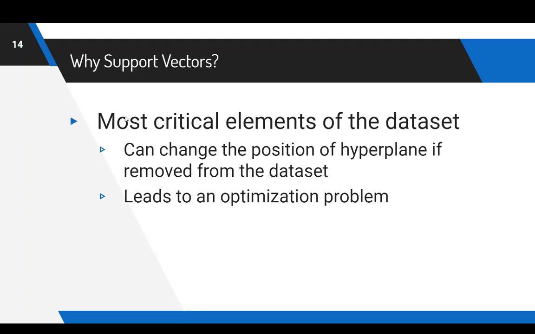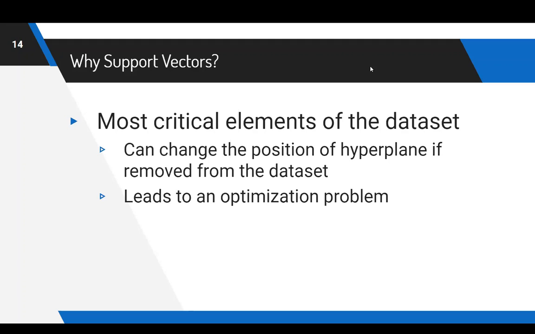If we remember the graph we were just looking at, our optimized hyperplane is really determined more by the points that are closer to the middle or harder to pick between the two groups. And so if those data points aren't there, it's going to drastically change what our hyperplane looks like.